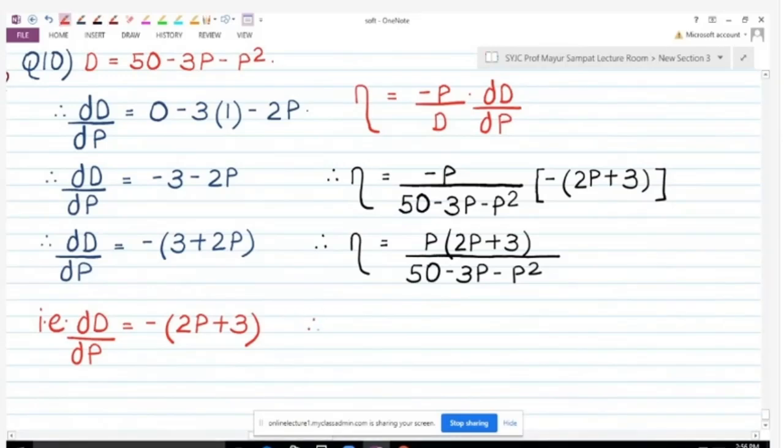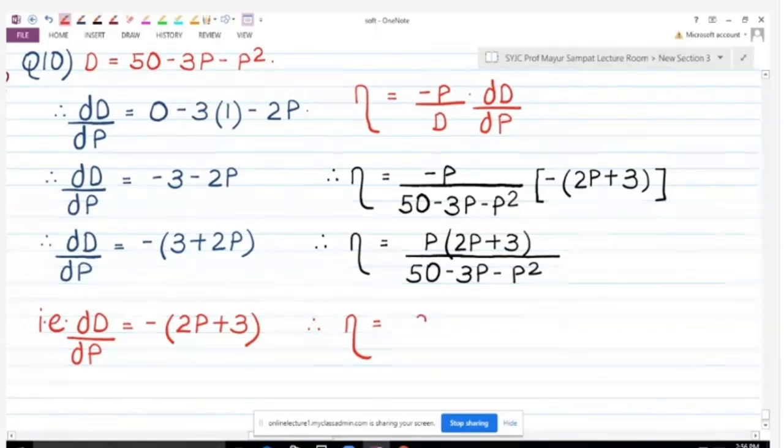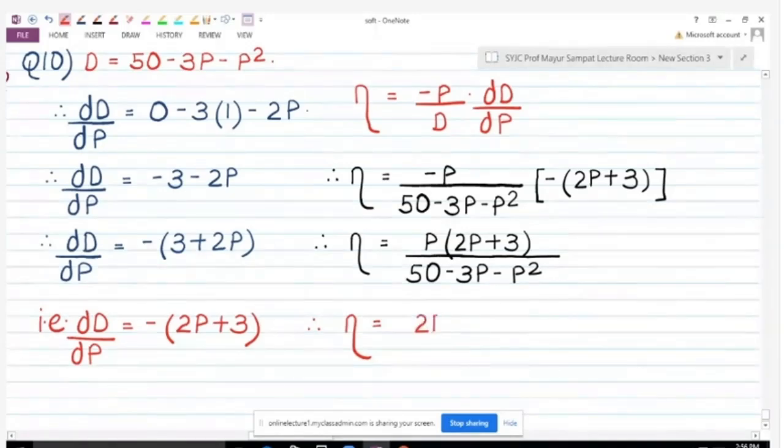Open the bracket. It is eta is equal to 2P square plus 3P upon 50 minus 3P minus P square.